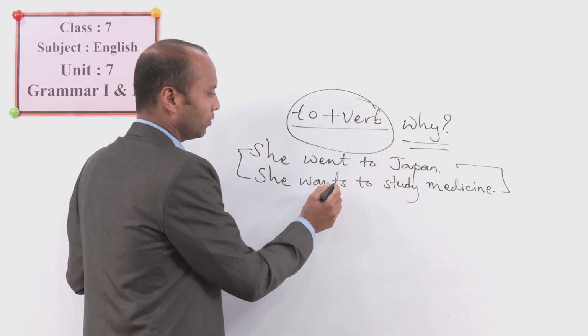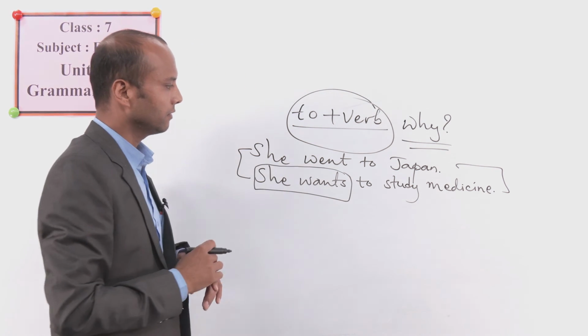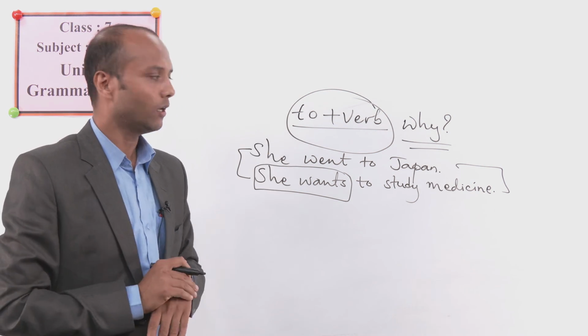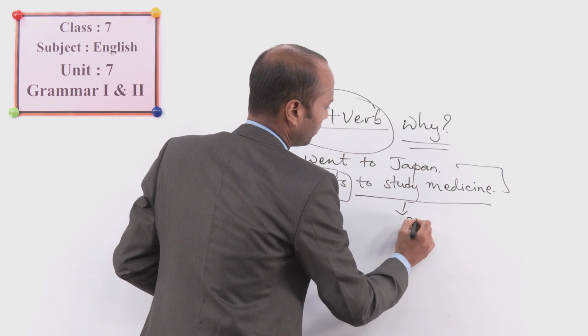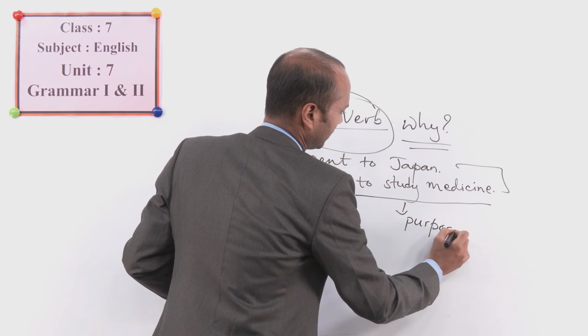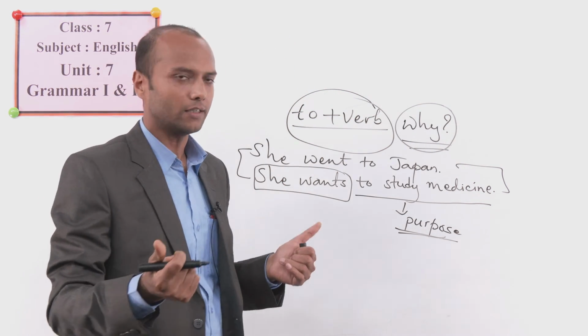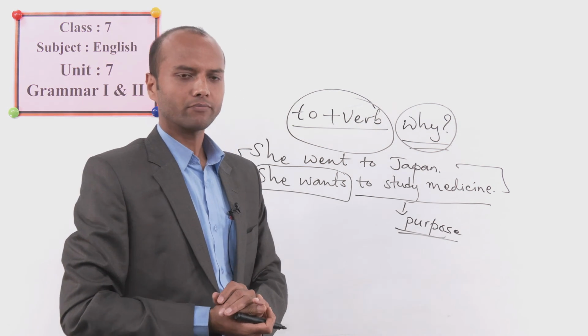Okay, so leaving this part, we have connected the rest of the sentence to make it a single one. That's why it is called the purpose. As I said earlier, why does she want to go to Japan? Yes, definitely. She went to Japan to study medicine.